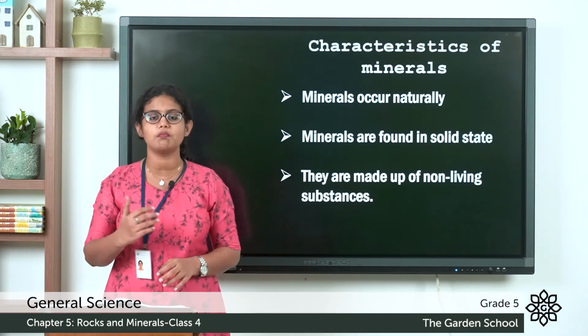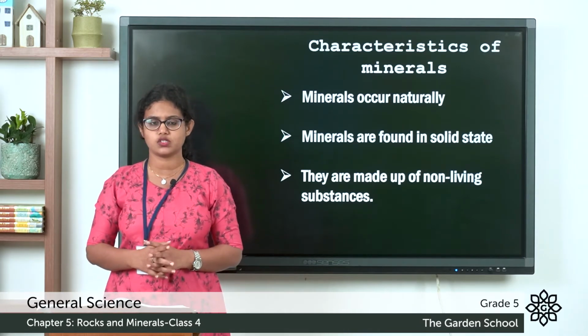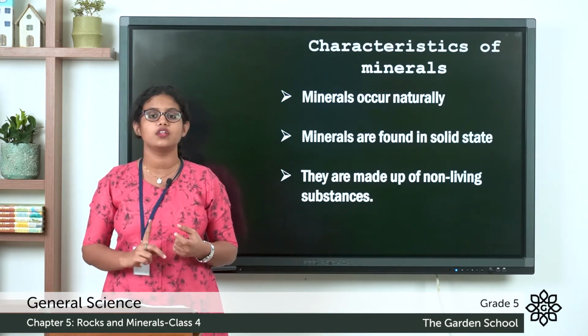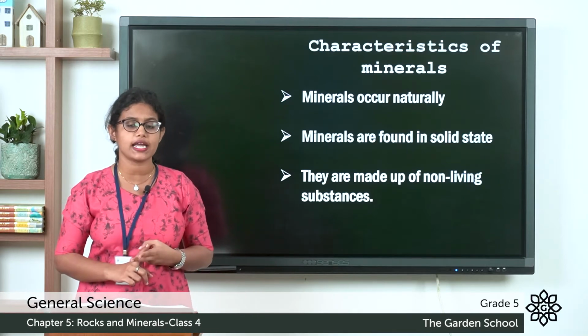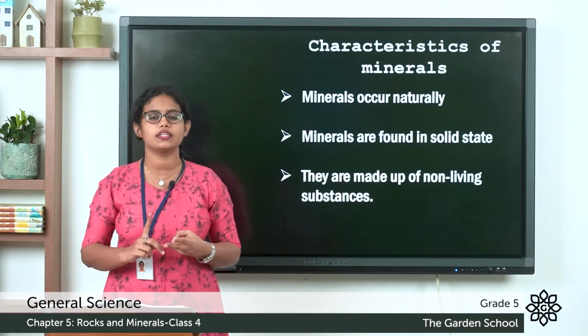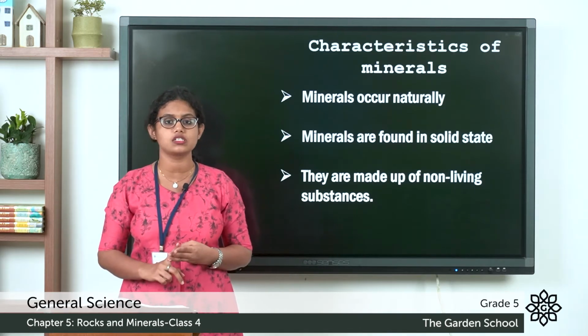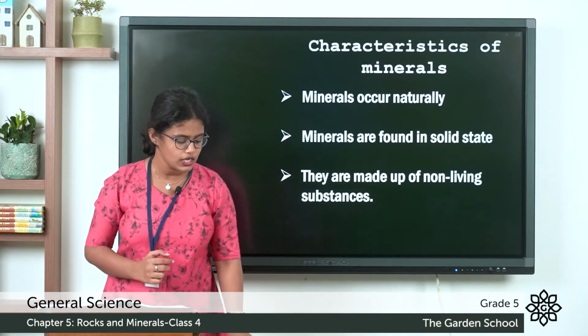So the three characteristics of minerals are, the first one, they occur naturally. And what is the second one? The second one is they are found in solid state. And what is the third one? The third one is they are made up of non-living substances.